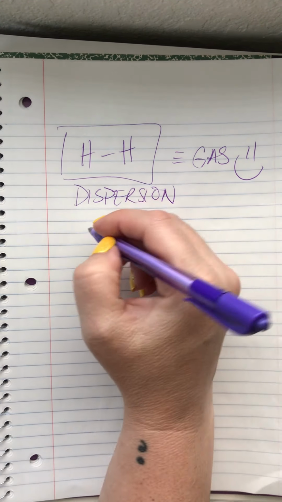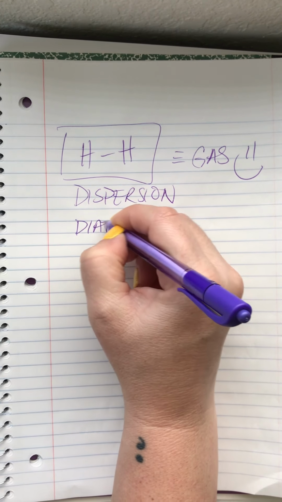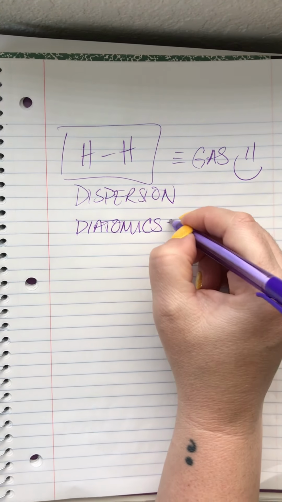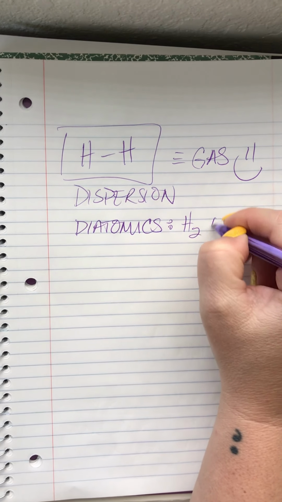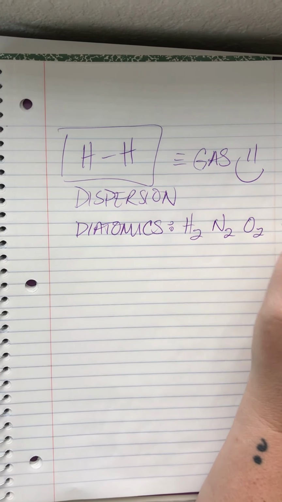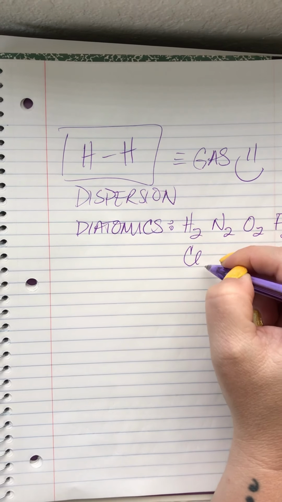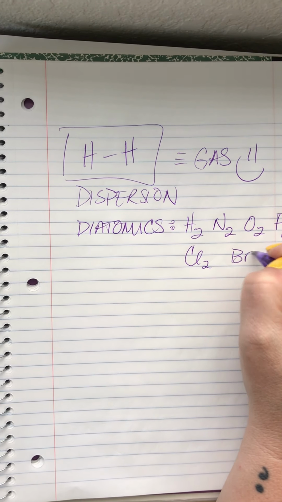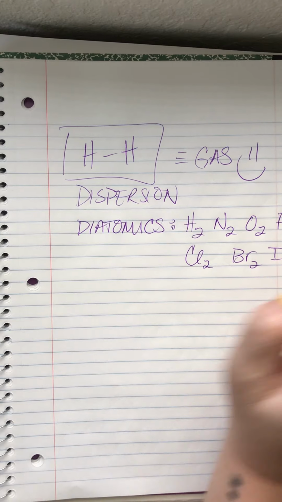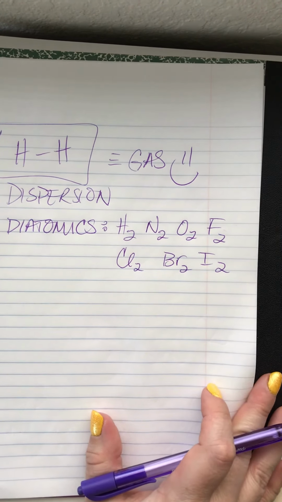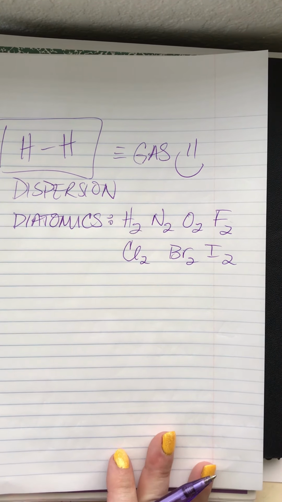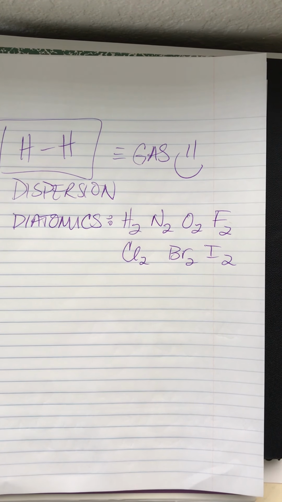In fact, if we're looking at our diatomics, we're thinking hydrogen, nitrogen, oxygen, fluorine, chlorine, bromine, and iodine. The vast majority of these guys are going to be gases. How do we know whether or not something is a gas looking at our periodic table?